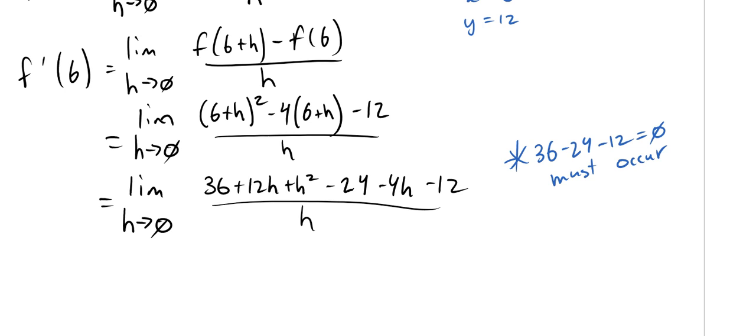If we were doing a bigger question, like a cubic, the math would be a little bit harder. You'd be expanding a cubic, like 6 plus h all cubed. That expansion's a little bit trickier, and you're more likely to make a mistake. For polynomials, the constants still have to add to 0. You'll see why in a moment. But if it didn't happen, just like in functions, that's your check that you've made a mistake in your algebra. It has to work out that way.